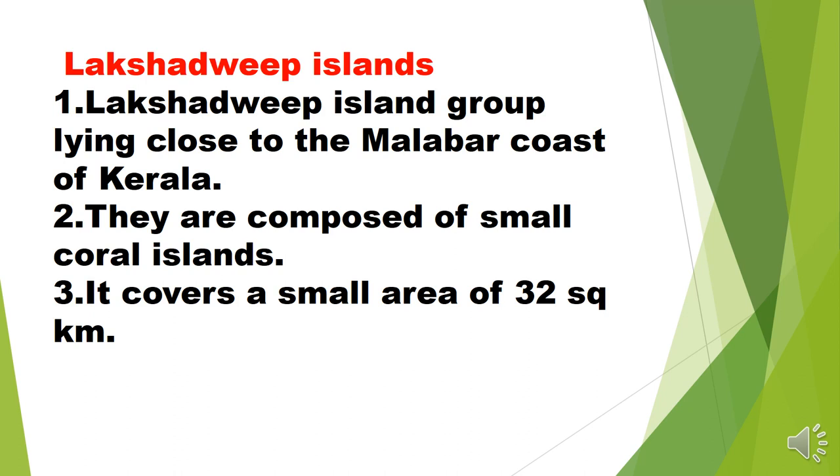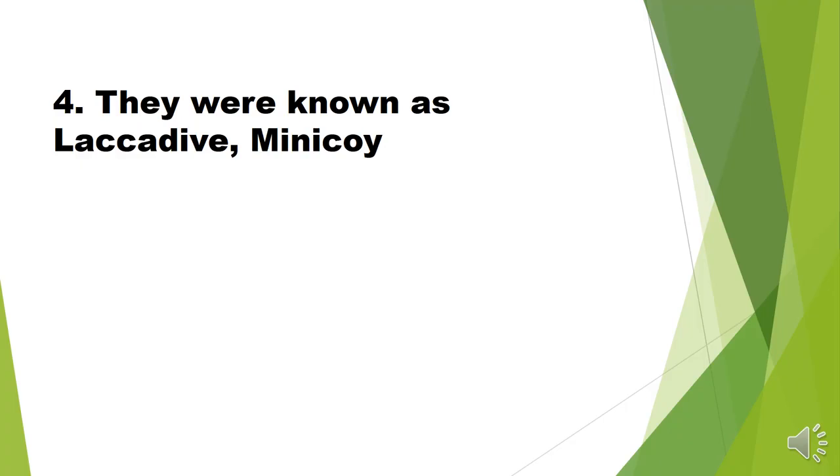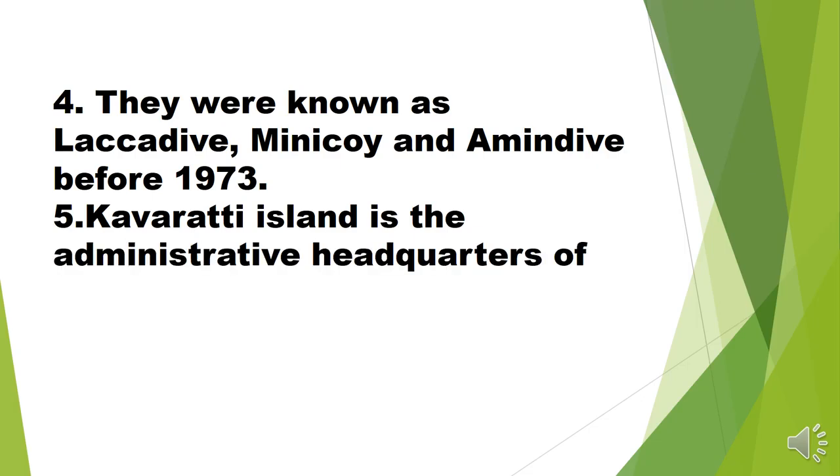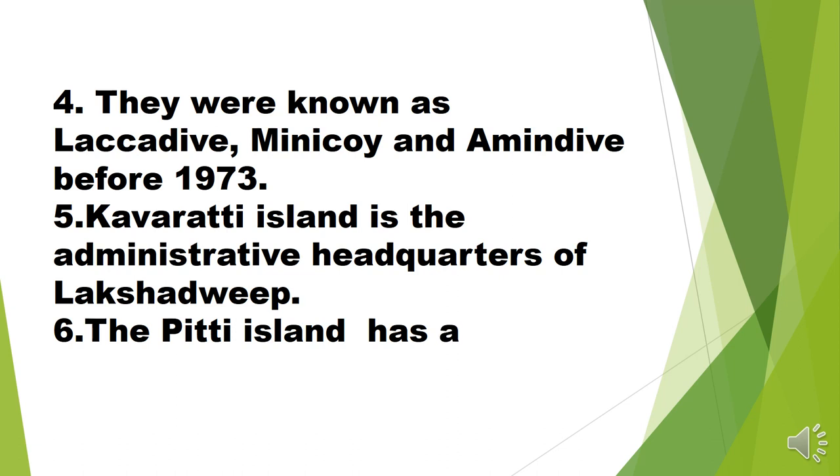The Lakshadweep Islands cover a small area of 32 square kilometers, and Lakshadweep and Andaman Nicobar are also union territories. So we can say that the area of Lakshadweep is only 32 square kilometers and it is the smallest union territory in India. Next, they were known as Laccadive, Minicoy and Amindivi before 1973.